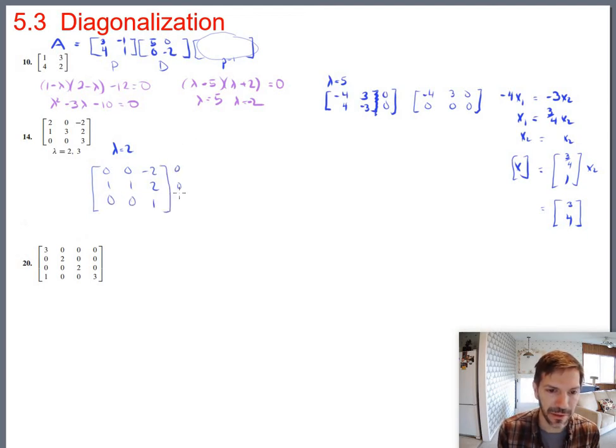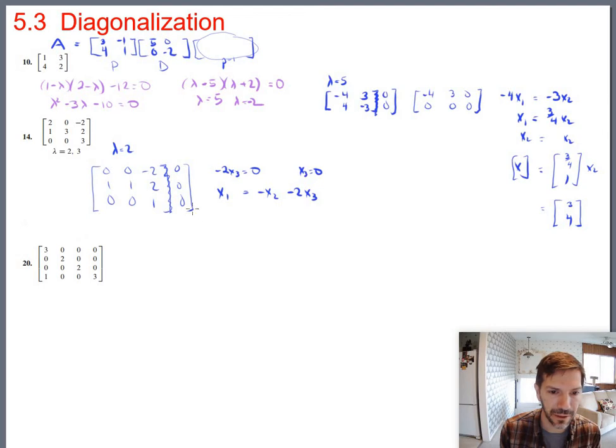And if I'm augmenting that with zeros, this would say negative 2 x3 equals 0. So x3 equals 0. The next one would say x1 equals negative x2 minus 2x3.